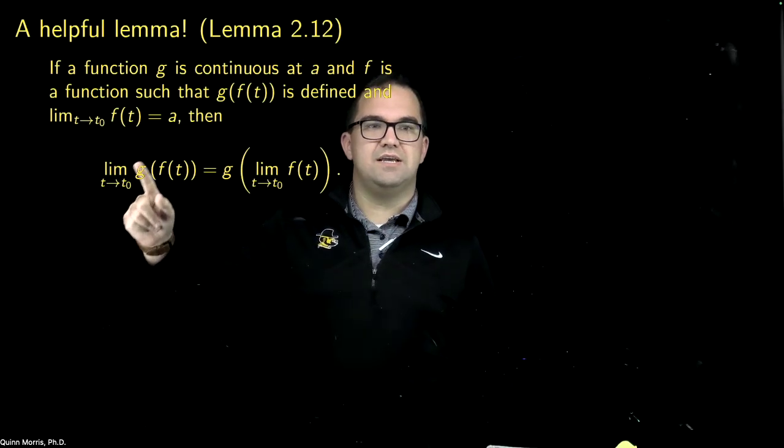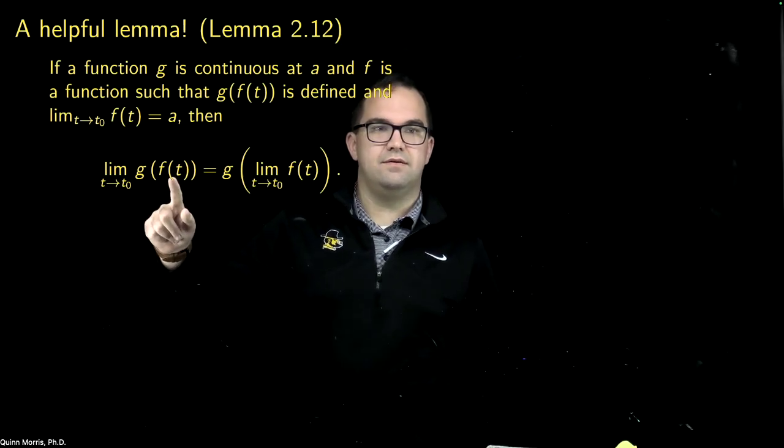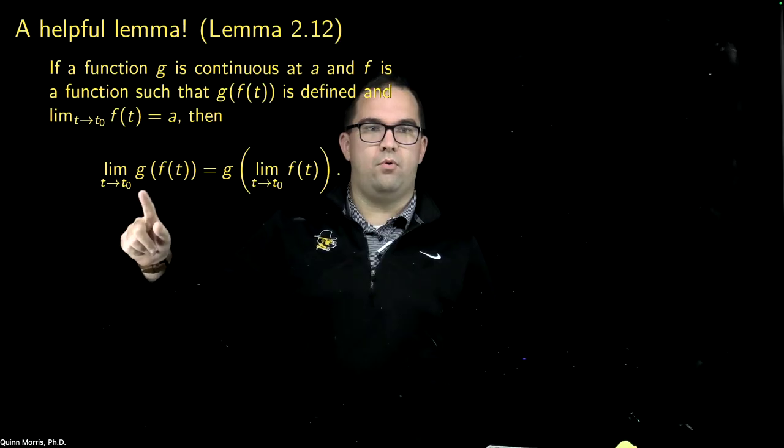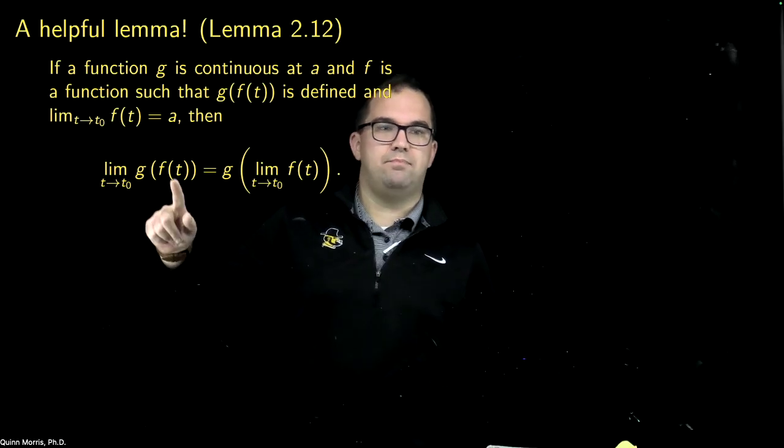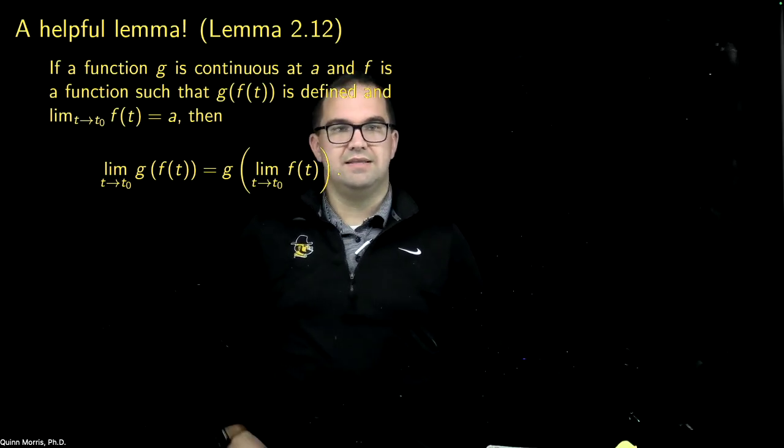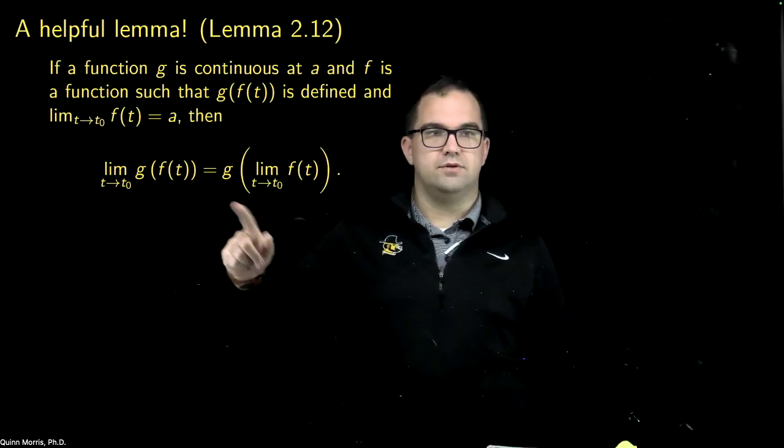So G is a continuous function, and I'm supposing that this limit exists, and the limit is equal to the point where G is continuous, then I can push this limit inside of the function.